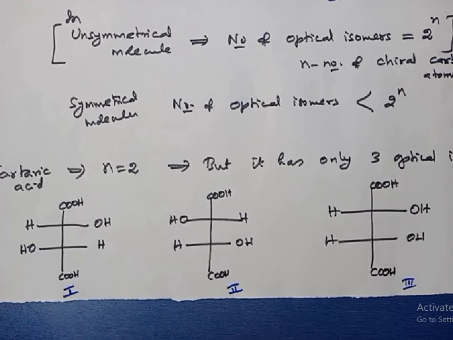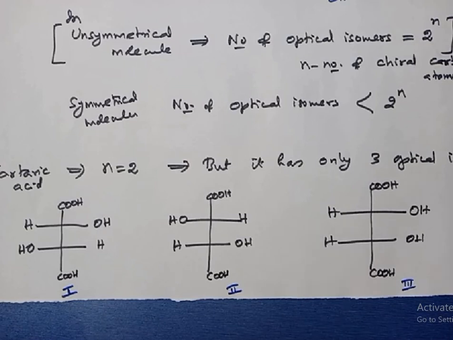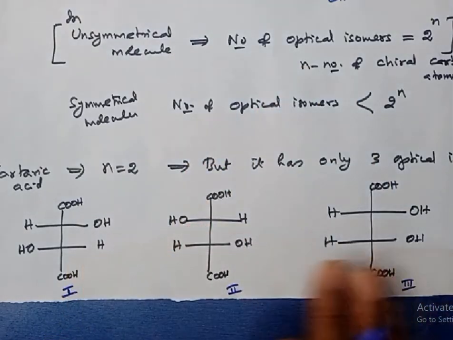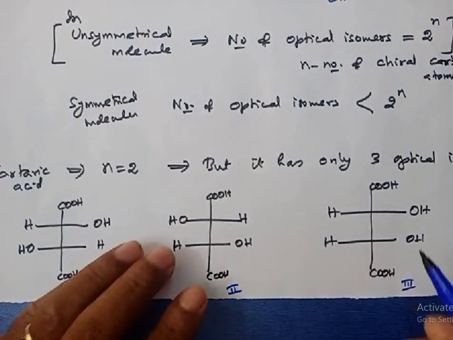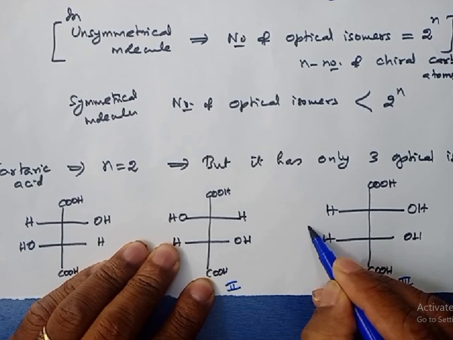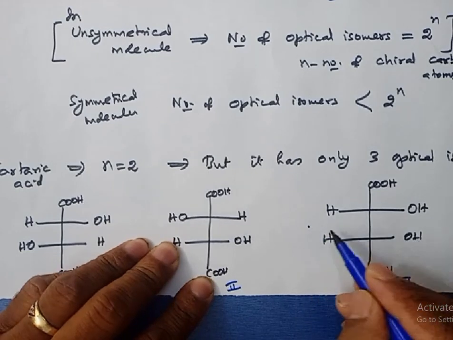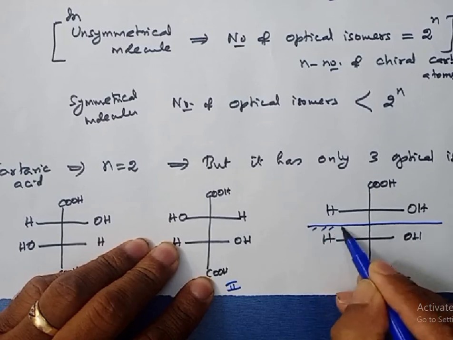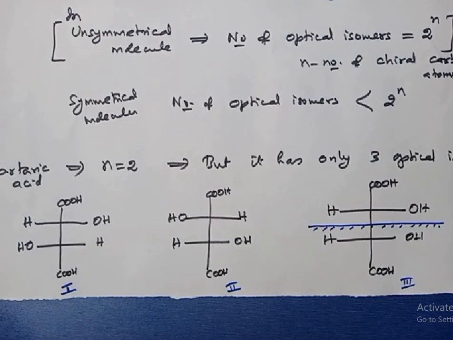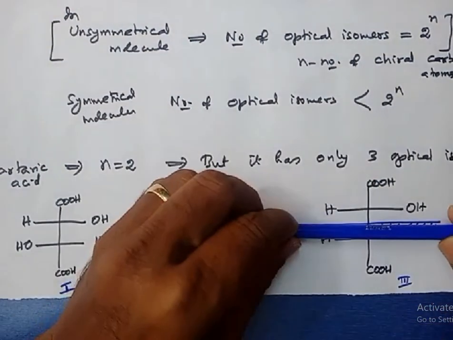Students, observe this carefully. Let me start with structure 3 first. I have given the structure of the molecule in Fischer projection. Now in structure 3, exactly at the middle, imagine I keep a mirror plane here. I'm dividing the molecule using a mirror plane. If I keep a mirror plane here, what will happen?